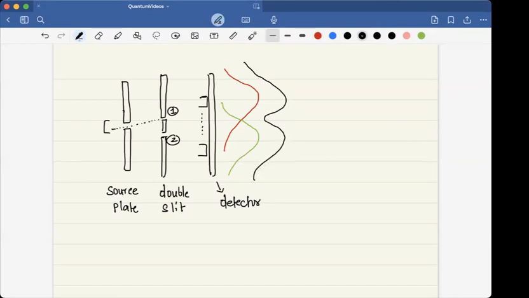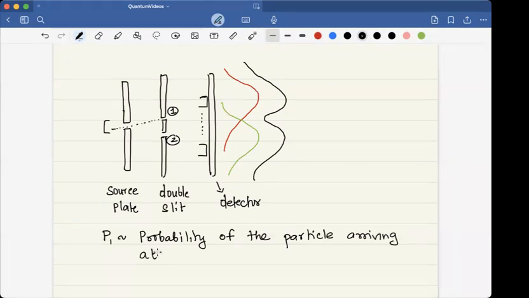Suppose I label P1 as the probability of the particle arriving at that point, given hole 1 was open.